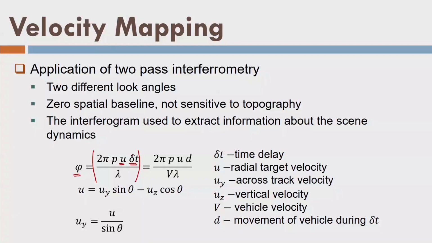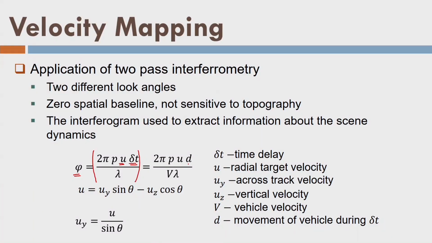Now I can see that the radar sensor has moved by a distance d on a trajectory during this time delta t. I can write delta t equal to d upon v in the same expression, where u is the radial target velocity on the surface of the earth. Moreover, we assume here that the velocity in the vertical direction of the terrain point is 0. So I get this expression.